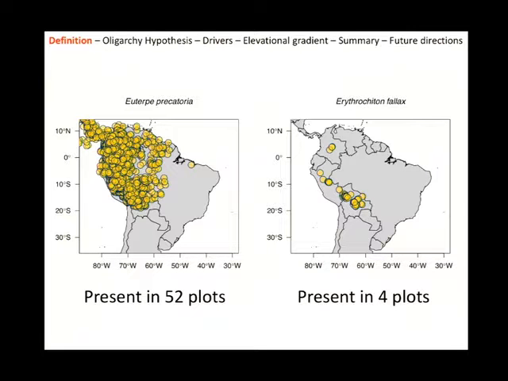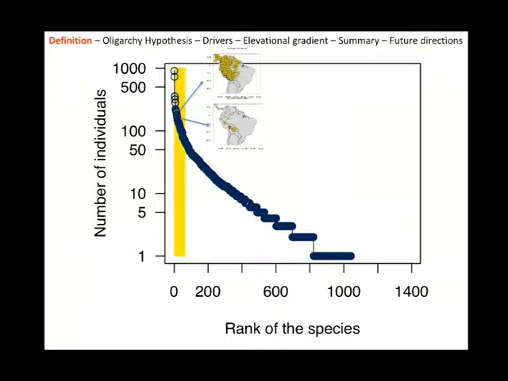In fact, in the Mariri region, which is my study area, this species is very common. I mean, it's very common in the sense that it's very abundant. It's very abundant because it happens in only a few plots, and there are many, many individuals in a few plots. So abundance and spatial distribution are independent, both in theory and to some degree in practice.